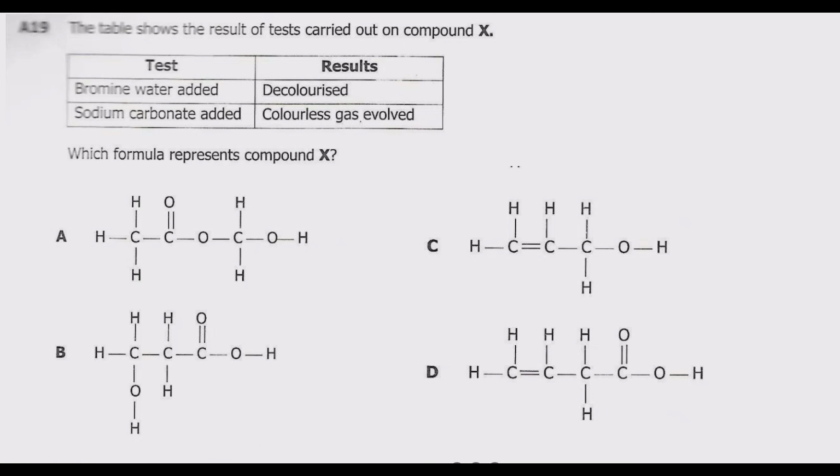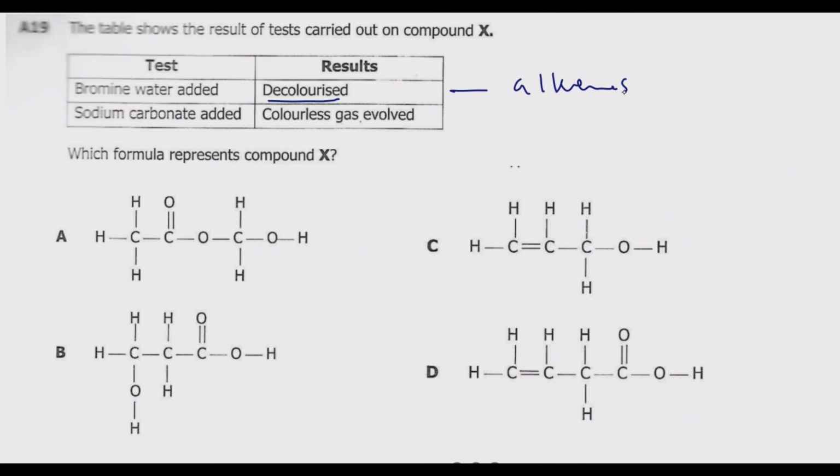Question A19. The table shows the results of tests carried out on compound X. So we have the test and the results. Test: bromine water added, decolorization happens. If you have decolorized results, this tells us there is a double carbon bond, so these are alkenes.